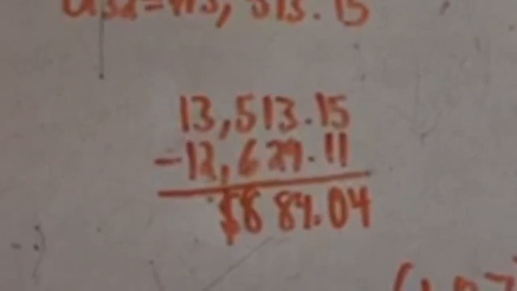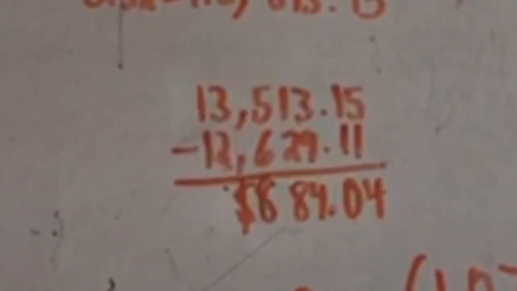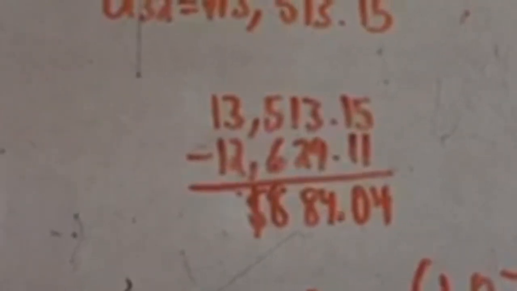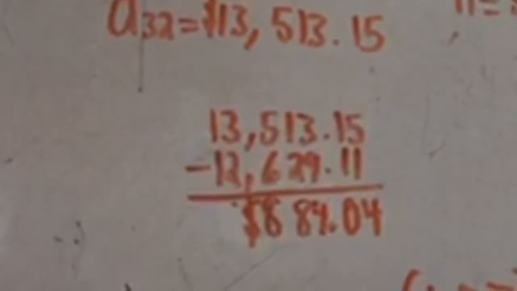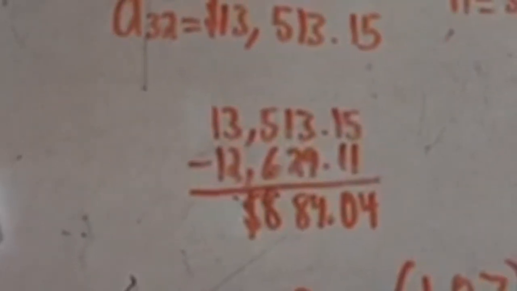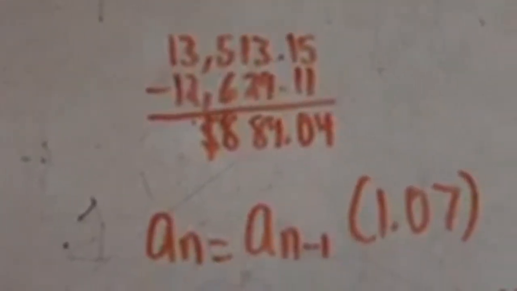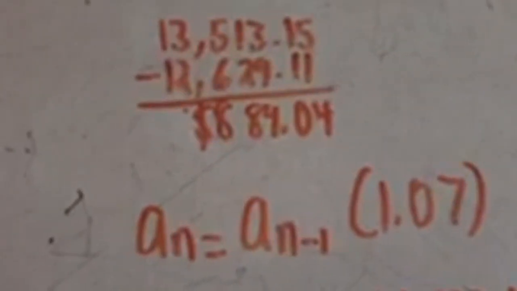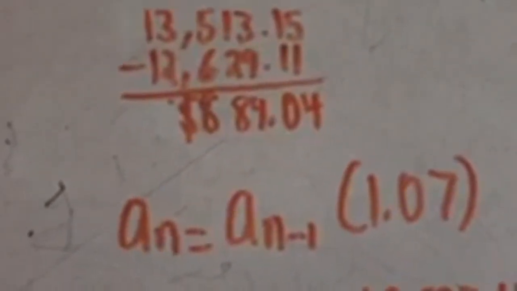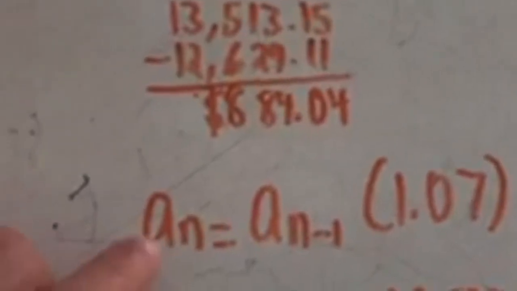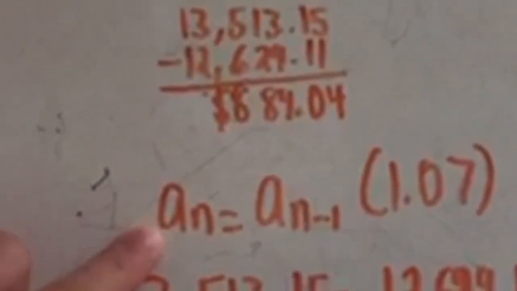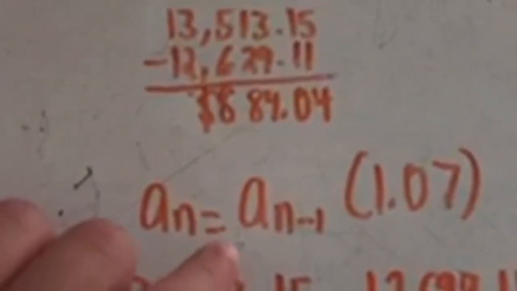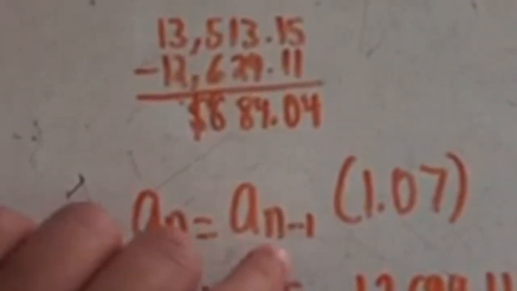But there's also a way to prove that you only earned 1.07 interest on the amount of money you earned from one year to another. This formula right here, A_N equals A_(N-1) times 1.07. So A_N right here represents your 32nd year, or your last year, and A_(N-1) represents your first year, or your 31st year.